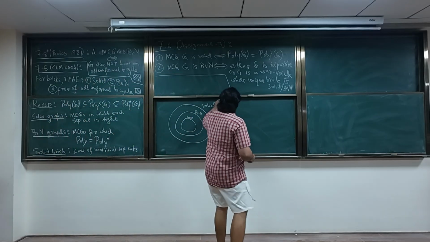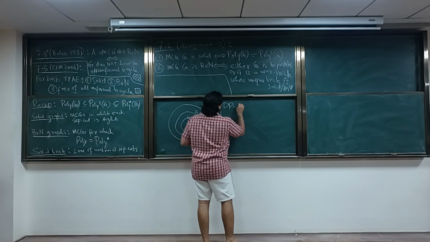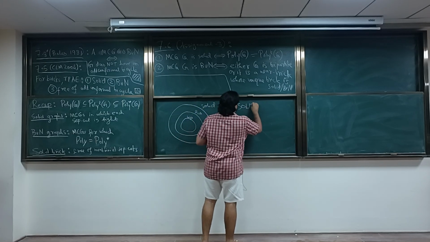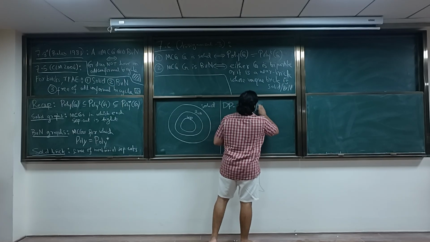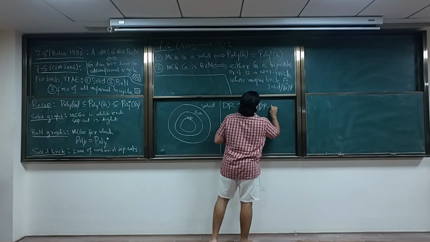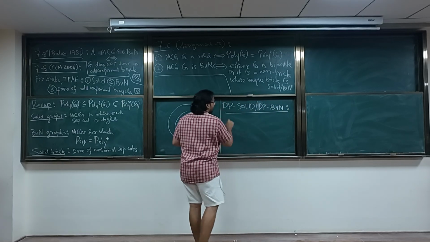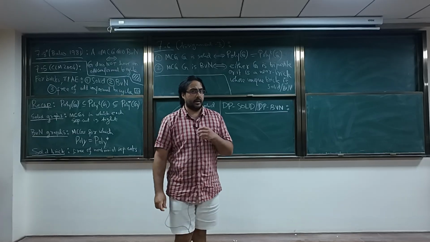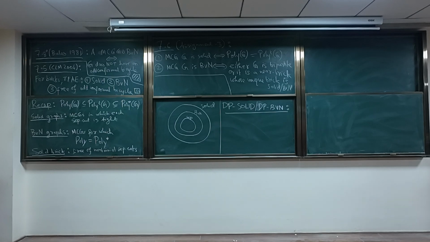Good. And let's go back to the decision problem. I don't know, you can call it DP solid, DP Birkhoff von Neumann, doesn't really matter. Given a matching covered graph, decide whether it is solid, decide whether it is Birkhoff von Neumann. Turns out they are both equivalent because you can just compute the bricks and braces, or you don't even care about the braces, just compute the bricks in polytime. Right?